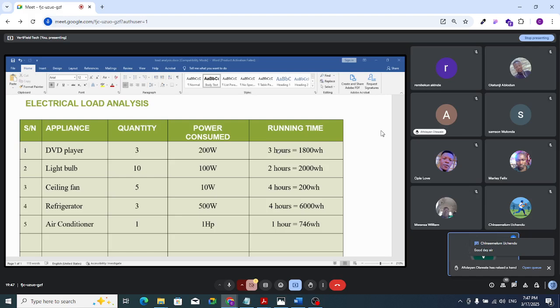The power consumed gives you the rated wattages of each and every appliance that is to be powered up using the solar system. Then you might have a question: how do you know the rated wattages of each and every appliance? That information is gotten from the nameplate of that appliance.